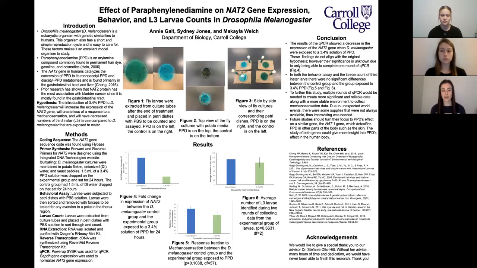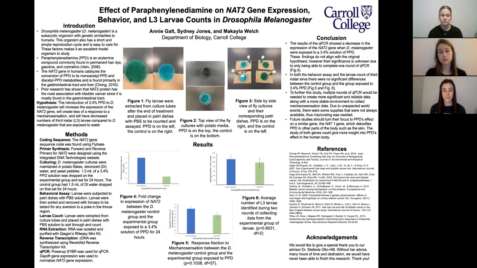So this behavioral assay was all done by the same person so that there was no bias and we had a baseline of what to expect, and so that our results weren't all over the place. And ultimately, the L3 larvae got a yes or no for a response to the poke, and if they moved in any way, if they wiggled their body, reversed, or kept moving forward, that was considered an aversion to the poke.